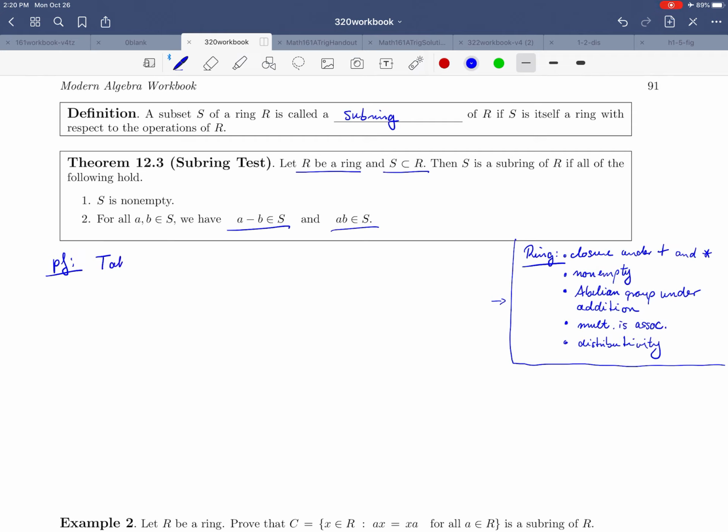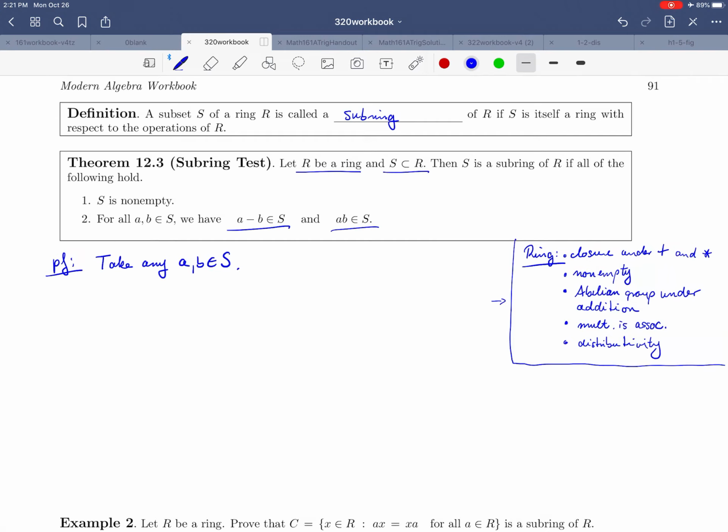So let's take any A and B in S. Okay, so we're going to deal with the commutative group under addition first. Well, we have the one-step subgroup test, right?